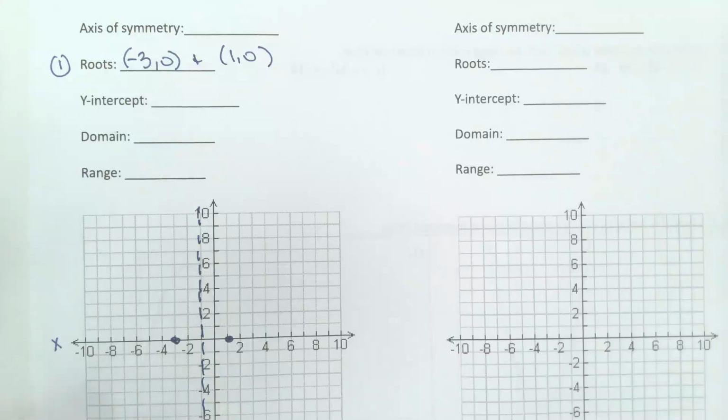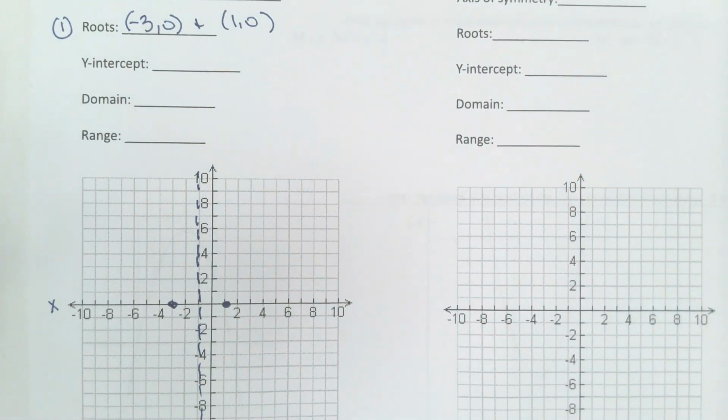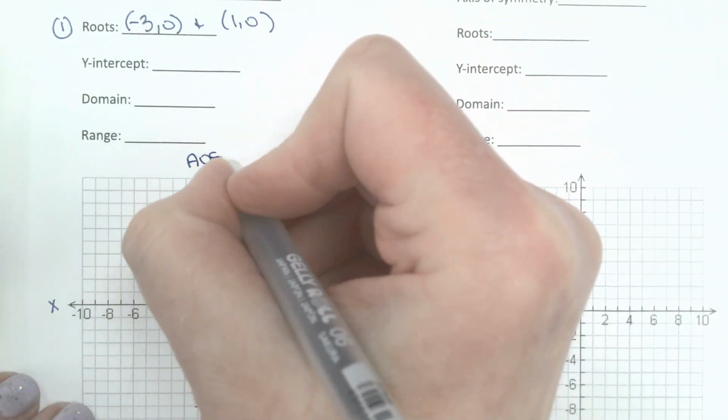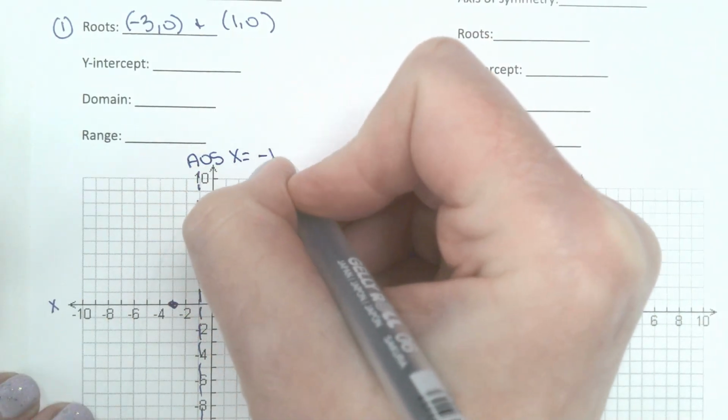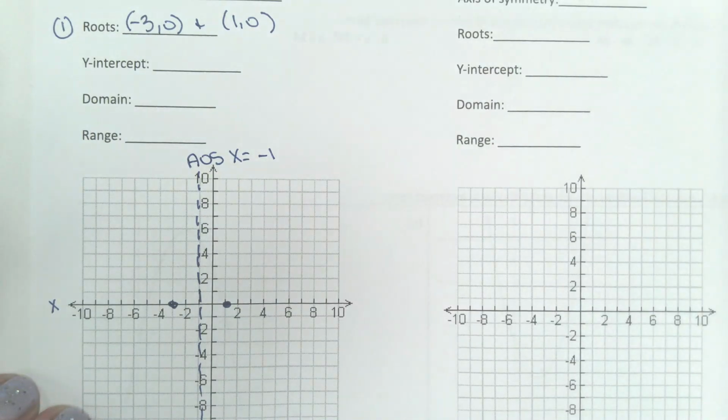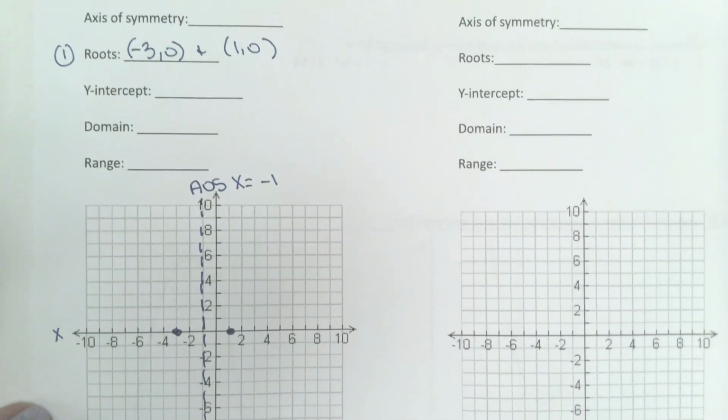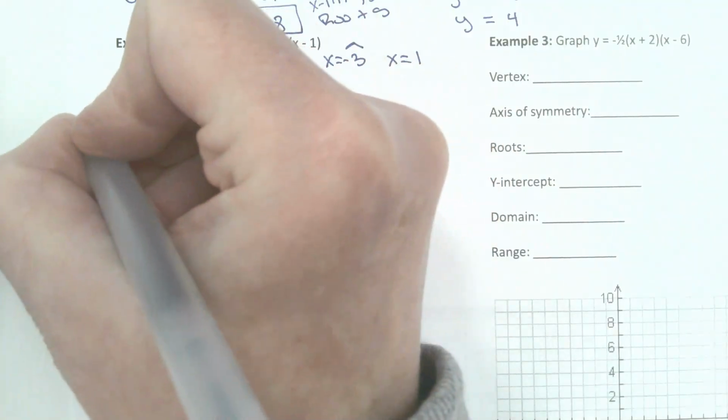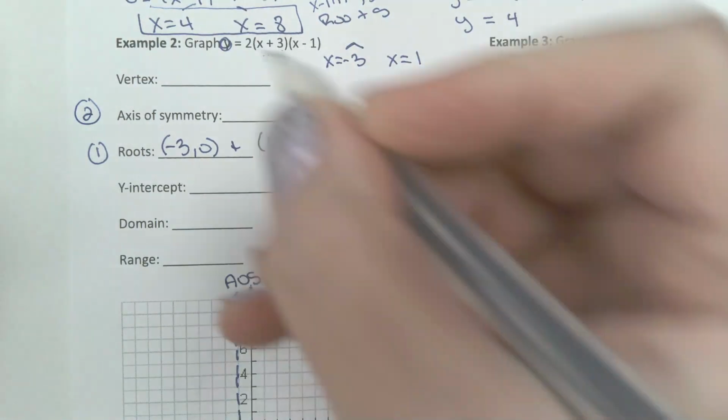So sometimes on these, if you have to graph it, it's just easier to plot these points and then split the difference instead of doing the formula. So right there, that is your axis of symmetry at -1, because it's halfway in between any 2 points. So basically, I did that at step 2.